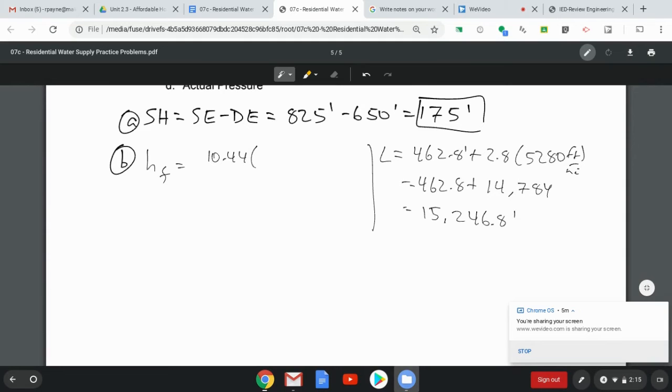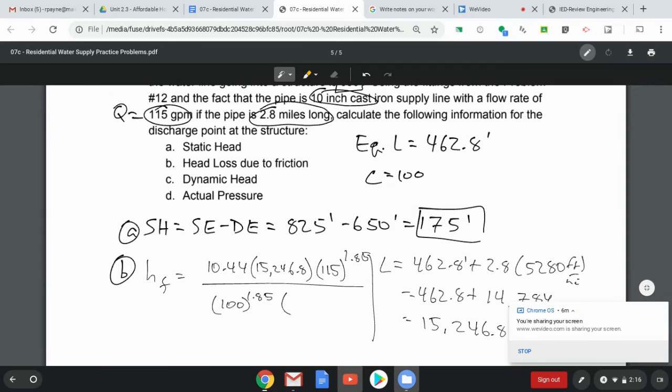So that's what goes in right here. 15,246.8 times the flow rate, so that's 115 raised to the power of 1.85, all divided by 100 raised to the power of 1.85. And then the pipe diameter D was 10.